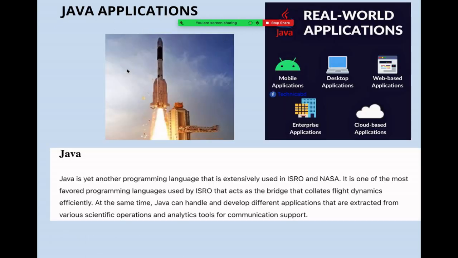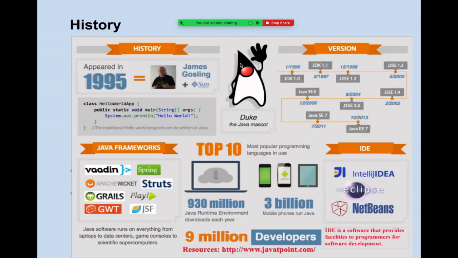Java applications: Java is used in rockets by ISRO and NASA scientists, along with mobile applications, desktop applications, web-based applications, and all these things. This slide gives an overview of the history of Java.